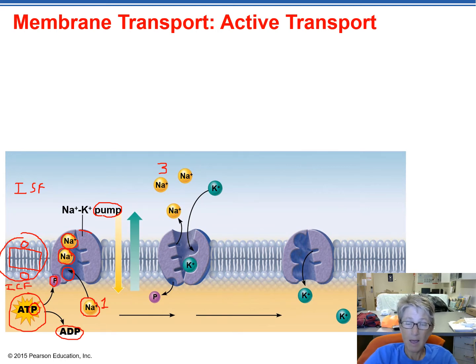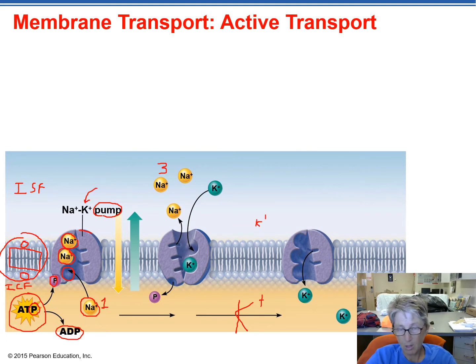And then at the same time, it's called a sodium-potassium pump, so you're also moving potassium. Potassium has a real high concentration inside the cell and a low concentration outside the cell.